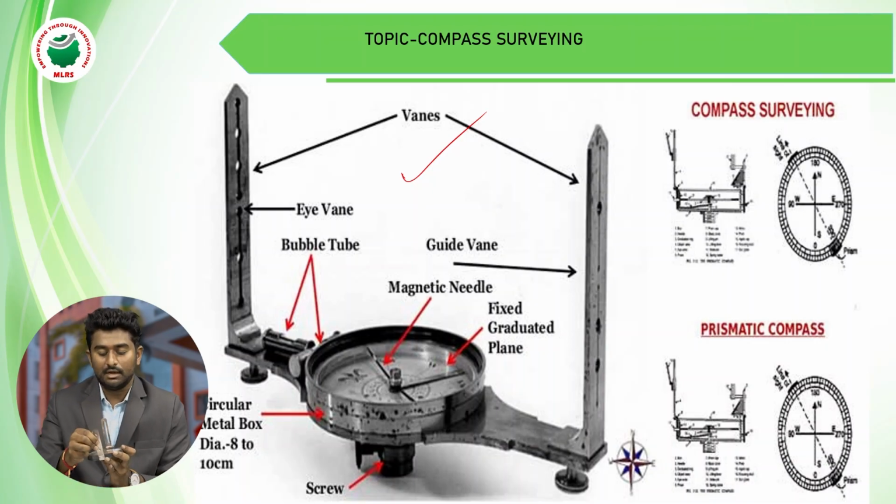And this is the eye vane, objective vane. This is the crosshair in the compass. These are the readings in the compass. In this prismatic compass, the readings are noted from 0 degrees to 360 degrees. First 0 degrees, next 90 degrees, next 180 degrees, next 270 degrees, next 360 degrees. The whole circle bearing system is used in the prismatic compass.